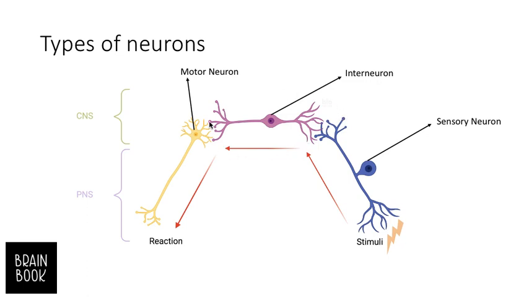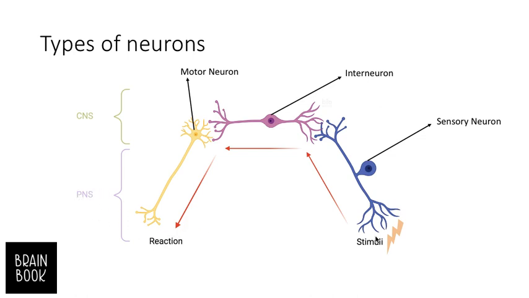It is processed by the CNS, maybe by the spinal cord, and the interneuron is between the sensory and the motor neuron and transmits the information between them. After processing this stimulus, the CNS will produce a signal to react to it. It is transmitted to the motor neuron, and then to our organs for an appropriate reaction to this stimulus in the peripheral nervous system.